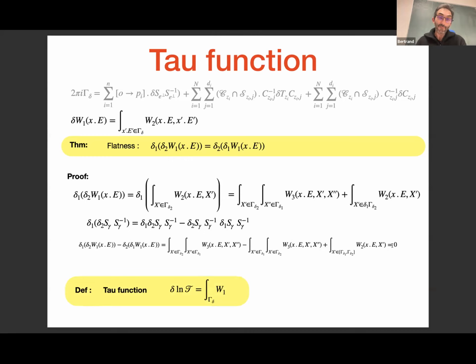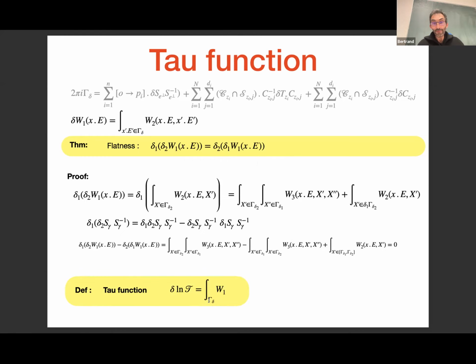Now the fact that there is this flatness condition is exactly the condition that there exists locally a function that we can call tau, the tau function, whose deformation is the integral of W1 on gamma delta. So there exists such a tau function.